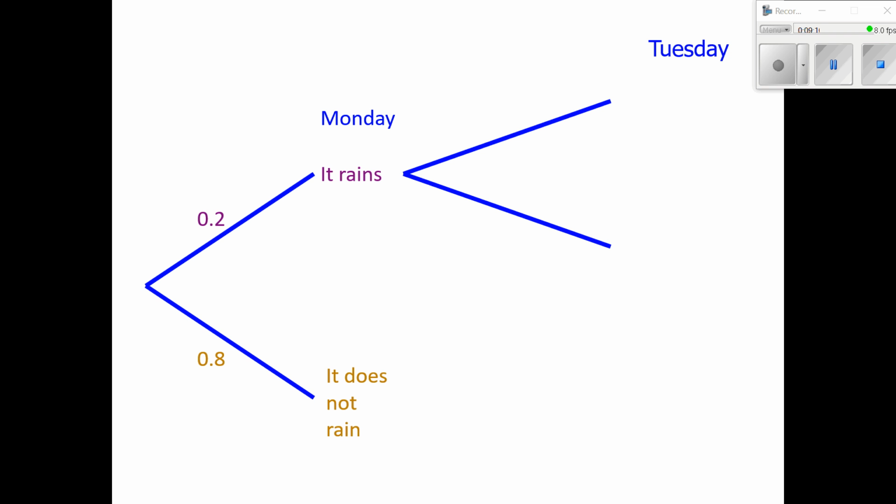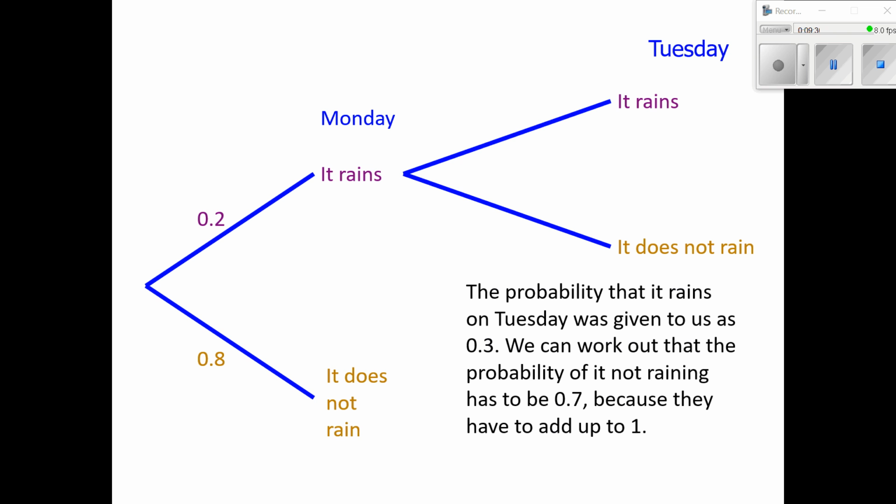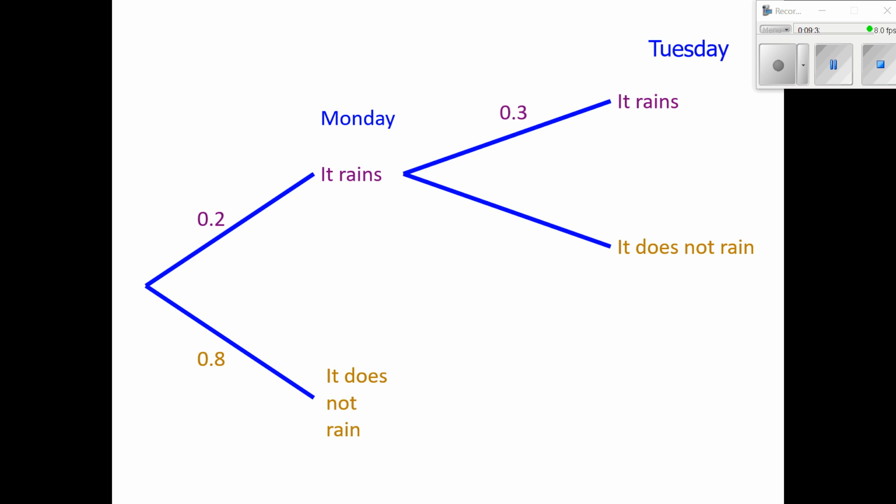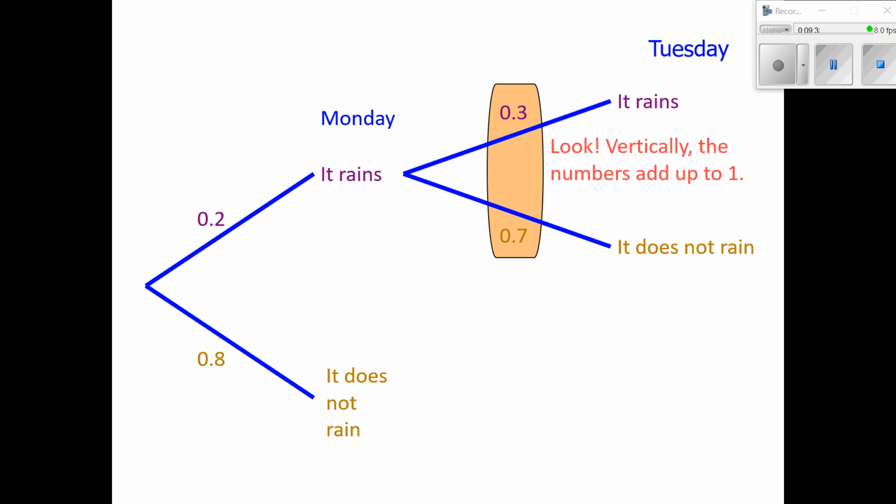Right, so these upper 2 branches that we're just seeing here, this is now assuming it rained on Monday. So it rained, it was 0.2, so we're moving on to Tuesday. And for the Tuesday, if it rains, it was 0.3. And if it didn't rain, it was 0.7. So we're just putting in those probabilities there. And yet again, those individual probabilities add up to give you 1. So what we're doing there is we're going from Monday into Tuesday.